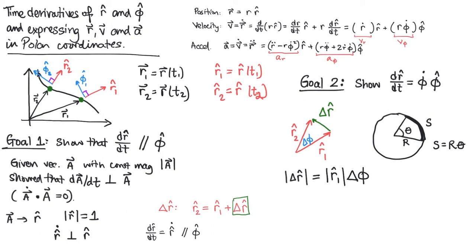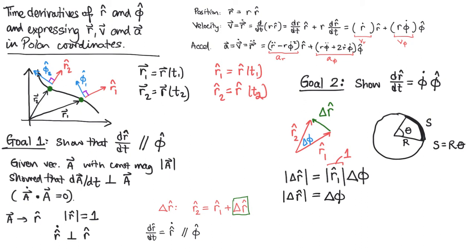Well, like I said, on the right-hand side, this term, the magnitude of r1 hat, is just 1. It's a unit vector, so it has length 1. So on the right-hand side, we are just left with delta phi, and on the left-hand side, the magnitude of r hat.